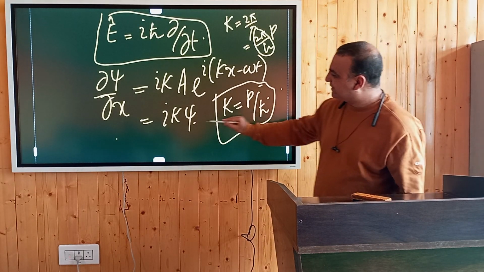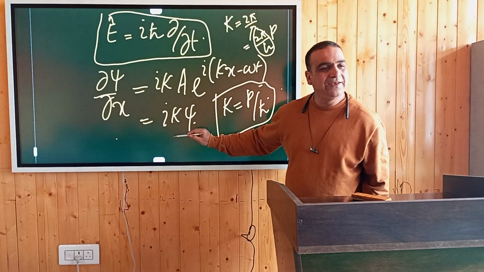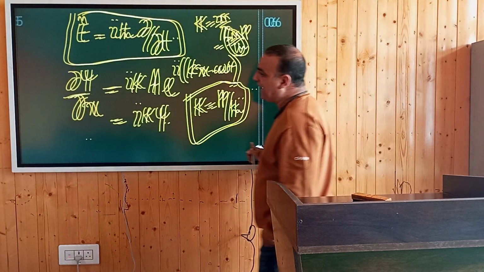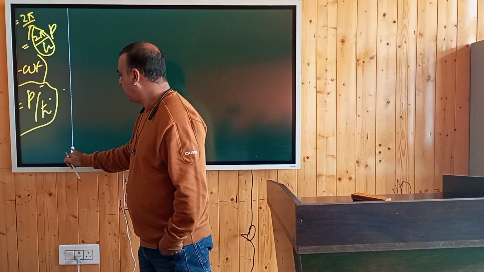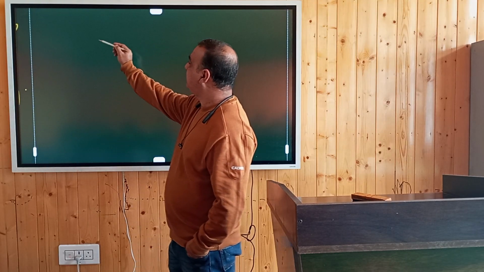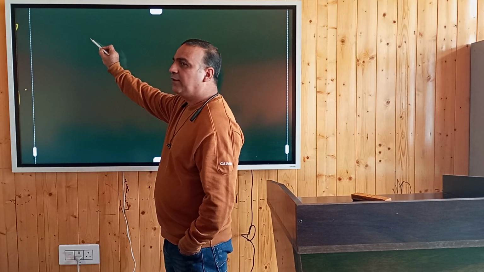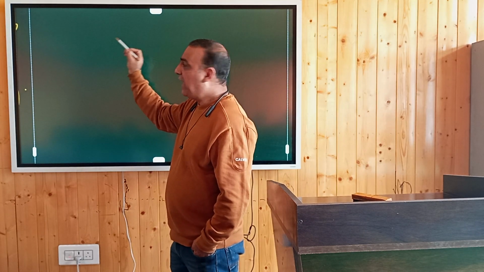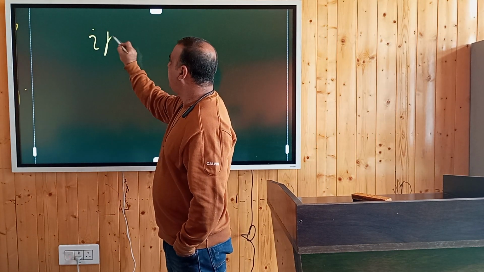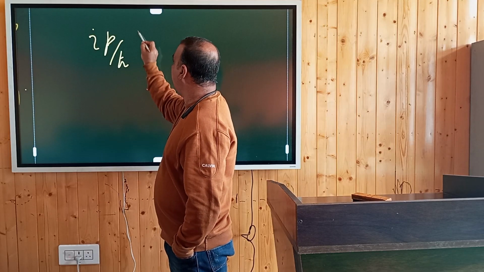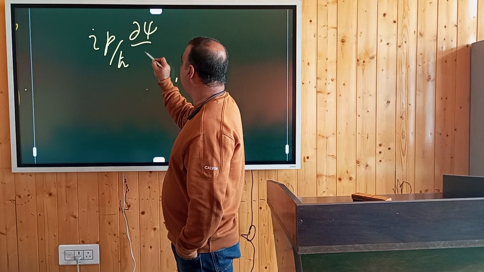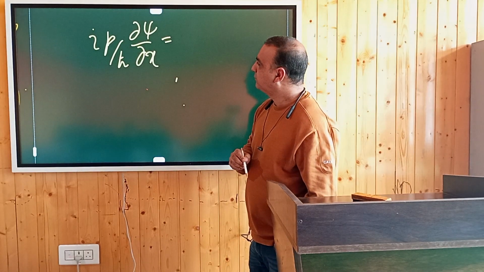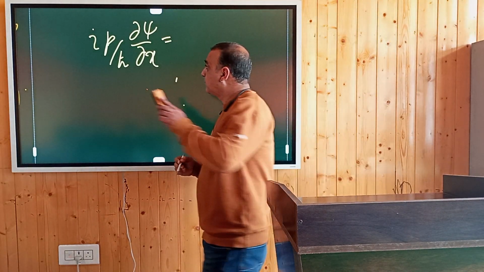So I can use this p for this k in this equation. So if I do that, what will I come up with? Dou psi by dou x. That will be on the right hand side. Tell me what? p by h bar, then psi.